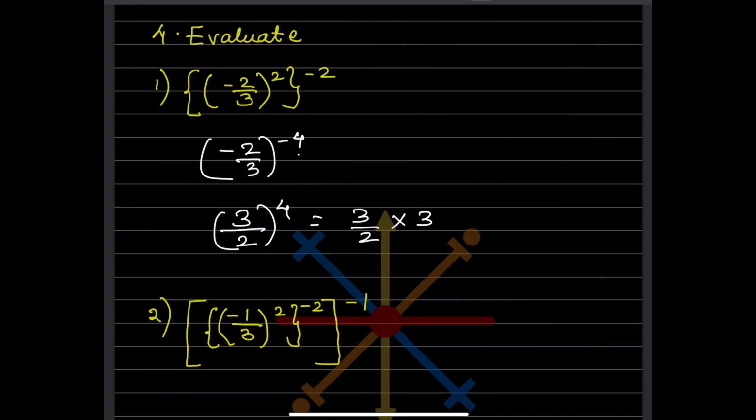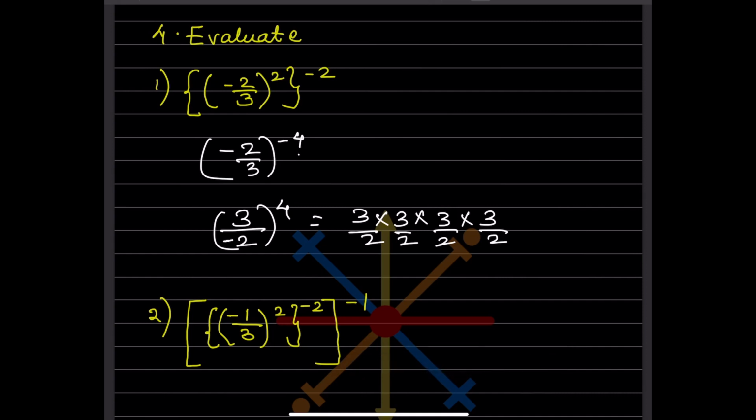Or you can do one thing, you can also write, so that it satisfies the rule, this into this into this, so you will write here 3, or you can write 3 by 2 4 times, that also can be okay, you can write both ways, because we have the fraction 3 by 2. Or we can write 3 into 3 into 3 4 times.